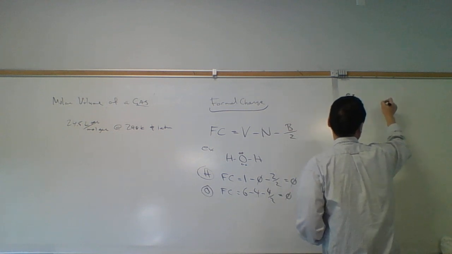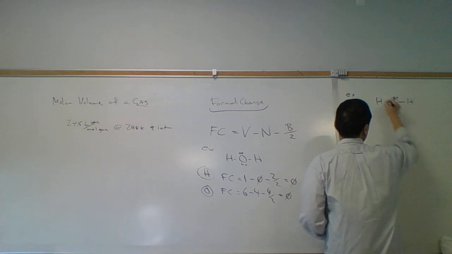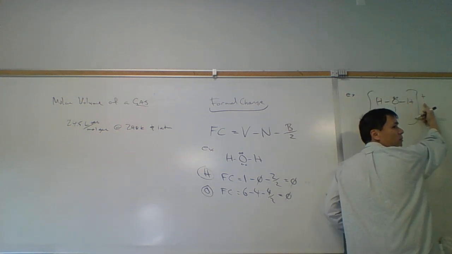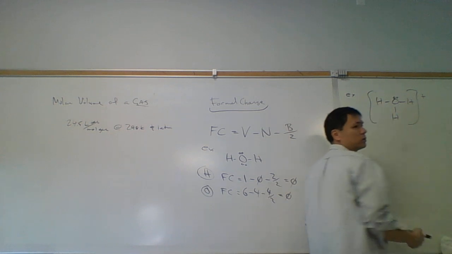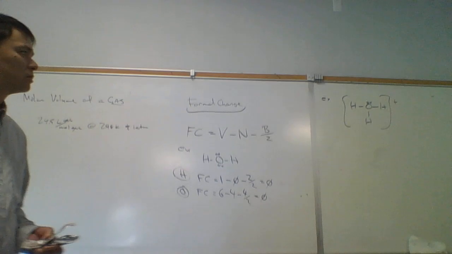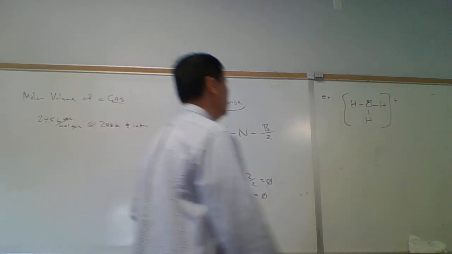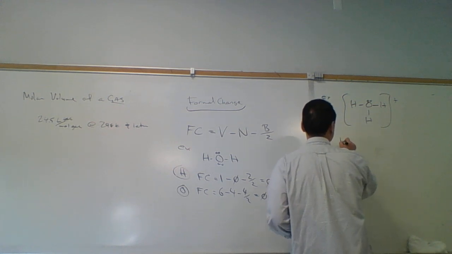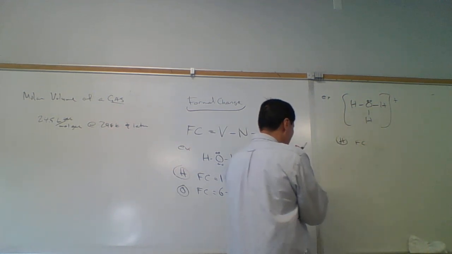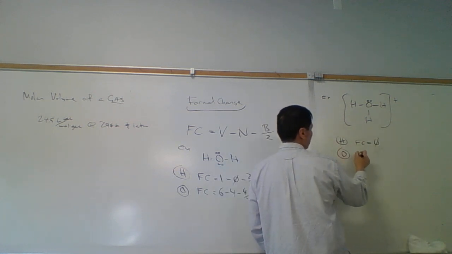Next example will be this. This is the net charge out here. This is not formal charge. Formal charge you usually write in the structure next to the atom and circle it. That's a net charge, not formal charge. And so, what's the formal charge on hydrogen? Oxygen.